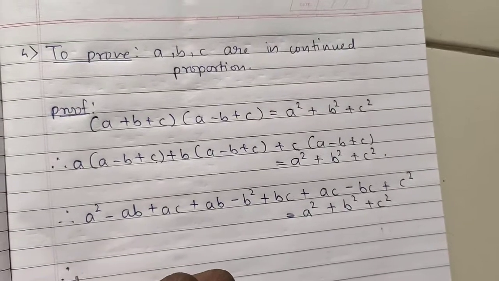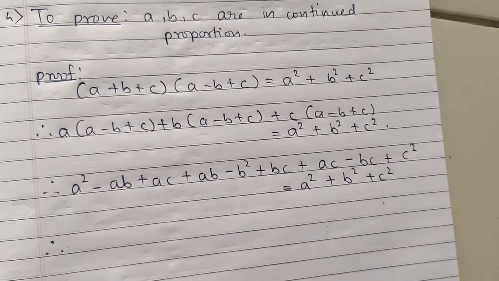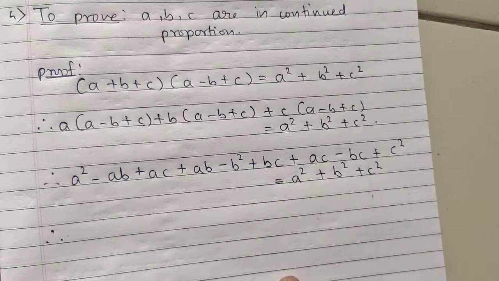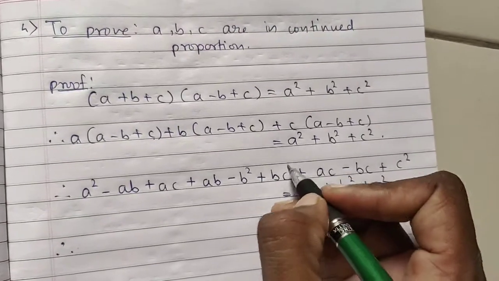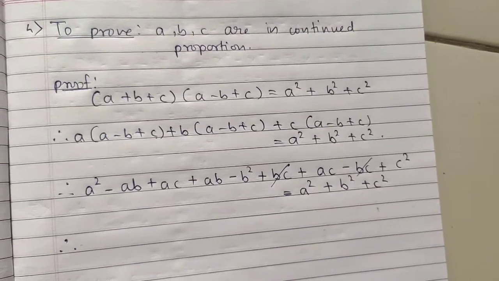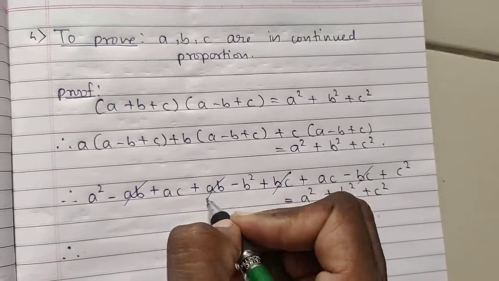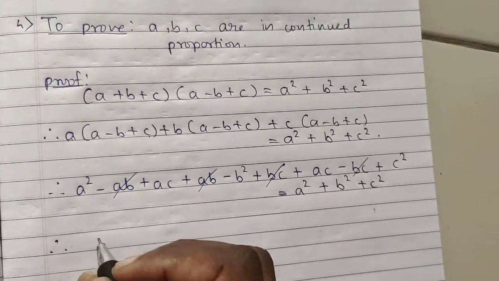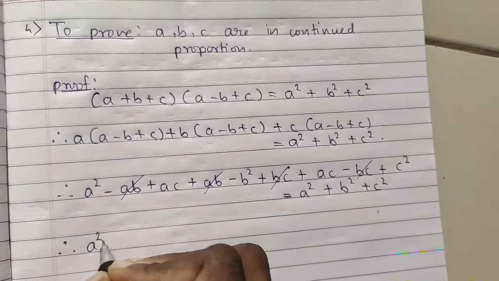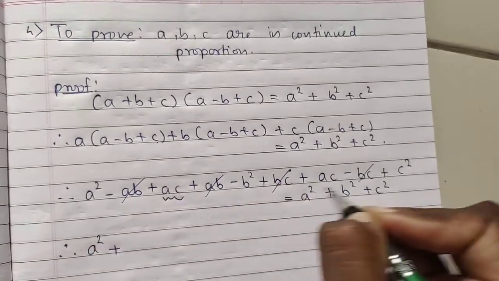Now in the next step we will do cancellation, if it is possible: bc minus bc cancelled, minus ab plus ab get cancelled. Now whatever is remaining, we will write a square plus ac plus ac.